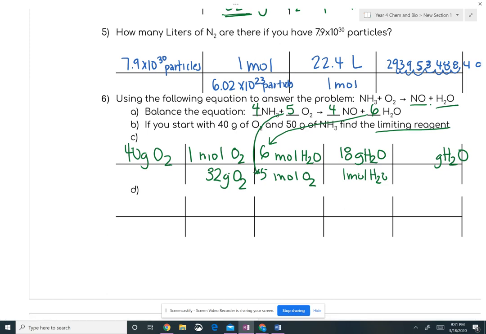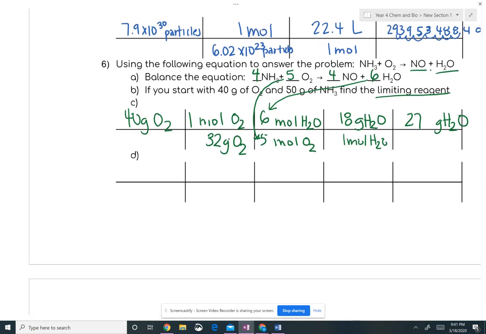So you go 40 times 6 times 18, and you should get 4320 over 32 times 5, which is 160. So 4320 divided by 160 should be 27 grams of H2O. That's what you would get for your first one.